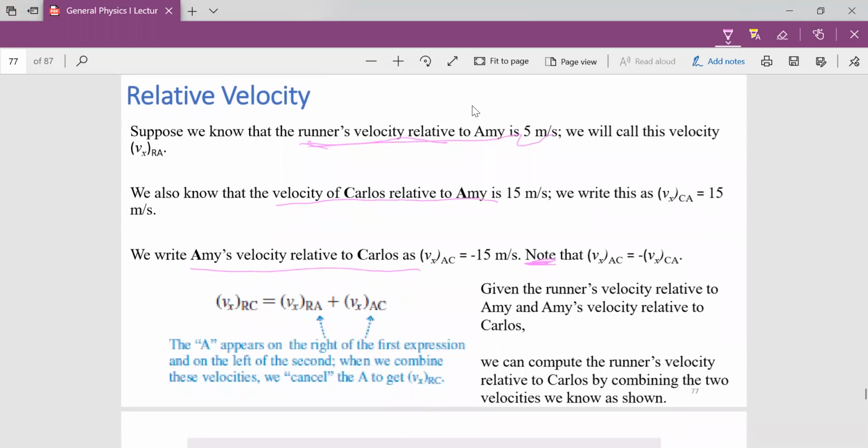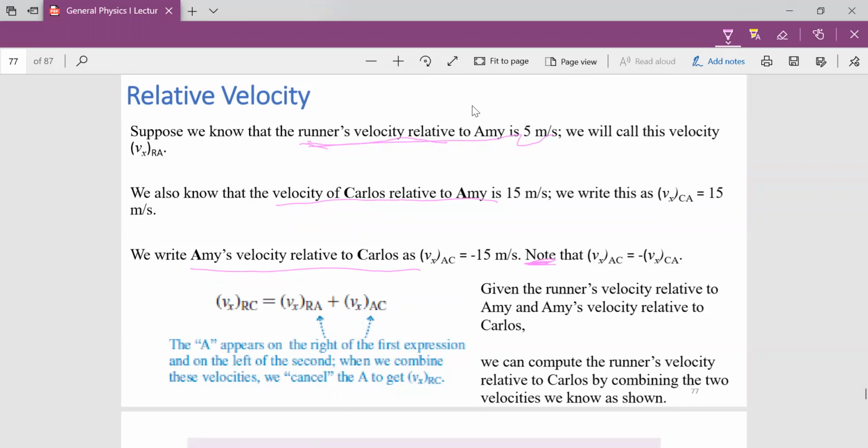What we want to establish is that from the idea of relative motion, we can bring in relative velocity to describe the velocity of an object if we know the reference frame of an observer, and we know the speed of the object relative to the reference frame.